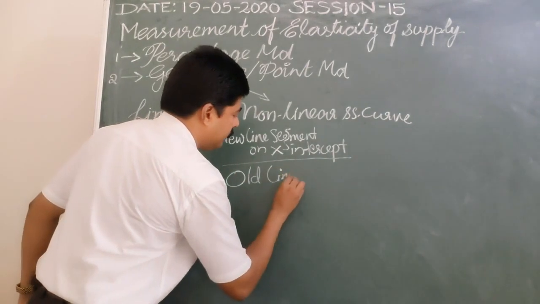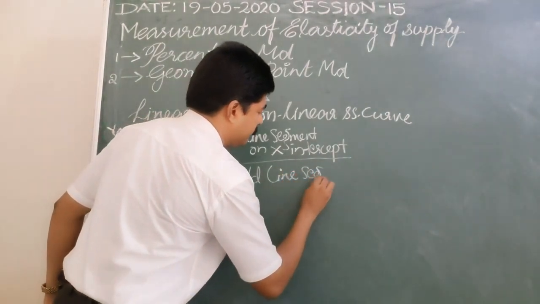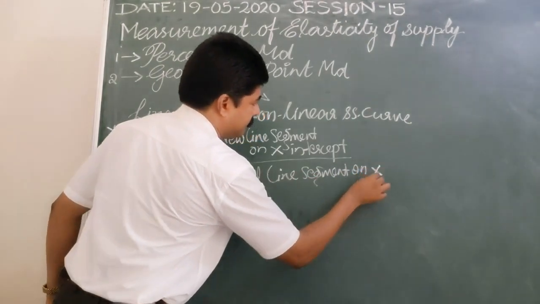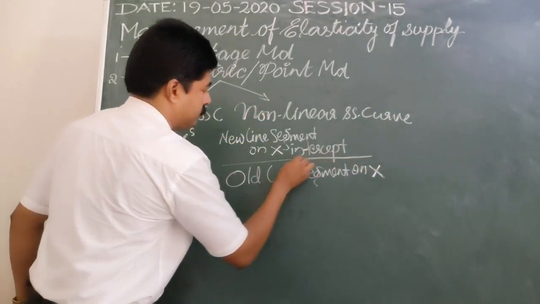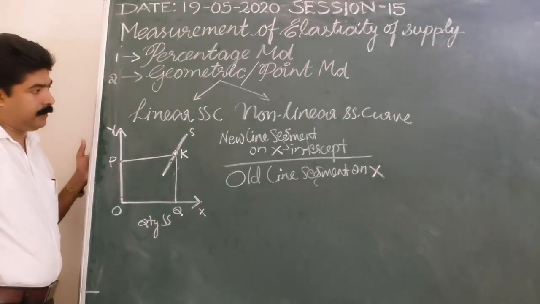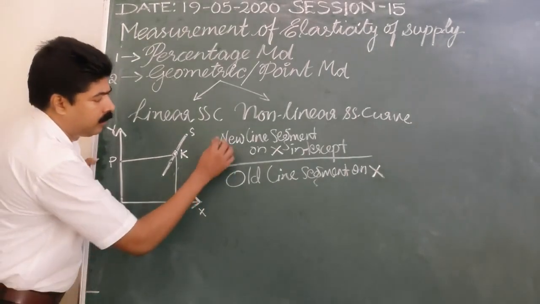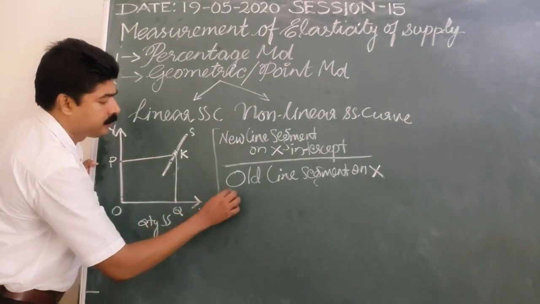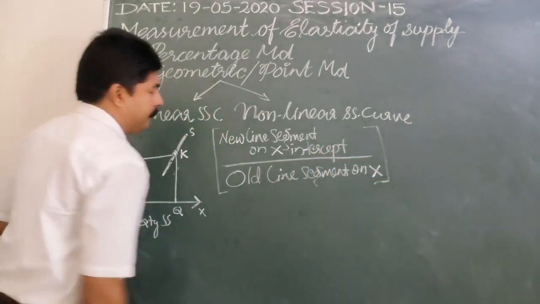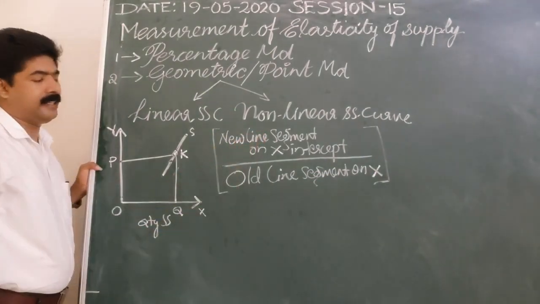This is the formula to calculate the elasticity of supply by the point method. Keep this in mind, and do not write it improperly in your fair copy. New line segment on x-intercept.